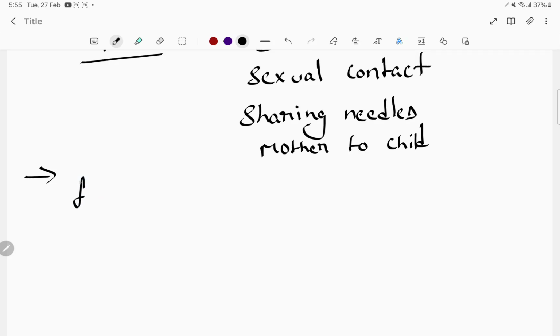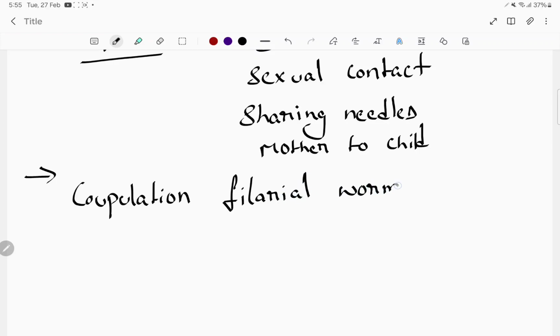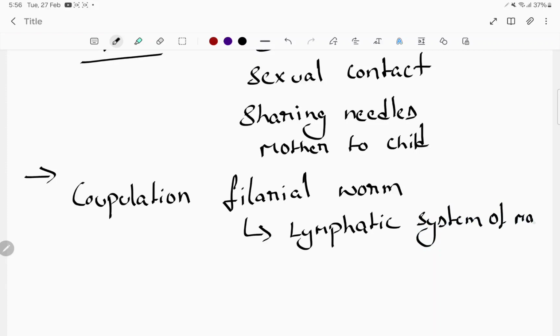So copulation of filarial worm takes place in lymphatic system of man.